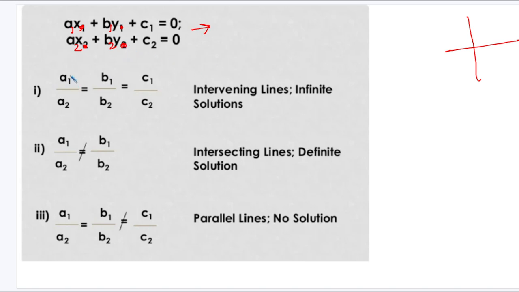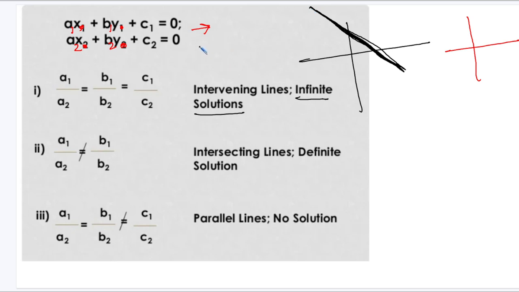If you have a1 over a2 equal to b1 over b2 equal to c1 over c2, then you have infinitely many solutions. What is the meaning of this? That means when you draw the lines, they are actually overlapping. They are the same. When you draw, both the lines will come out to be exactly the same.